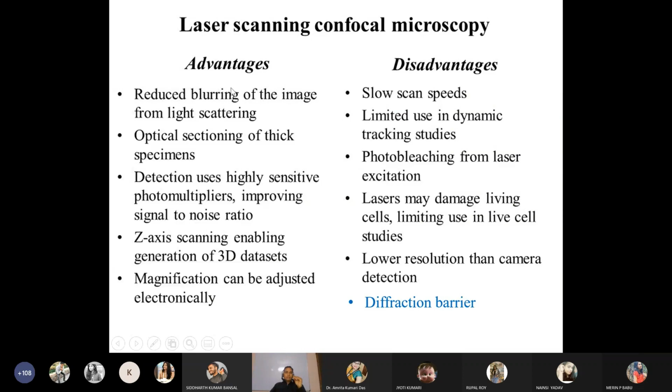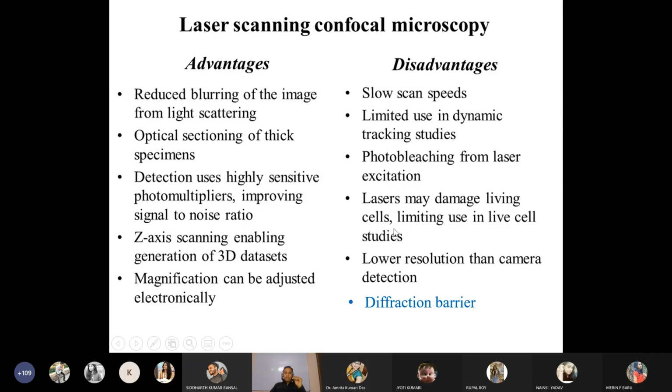Okay, let's look at some of the advantages and disadvantages. I'll quickly go through it. The advantages are obviously reduced blurring of the image. You have seen it yourself, and optical sectioning of thick specimens, detection uses highly sensitive photomultipliers, improving signal to noise ratio, and so on.